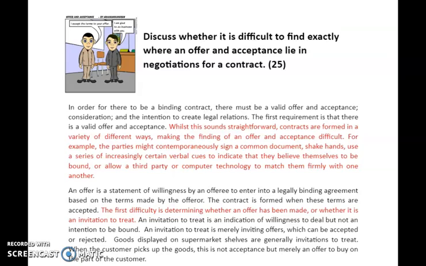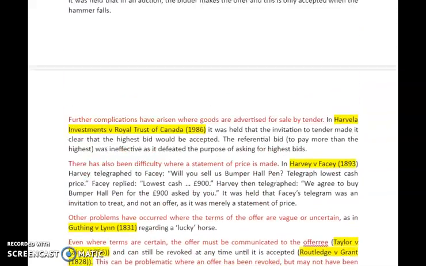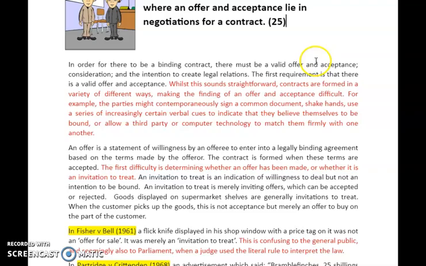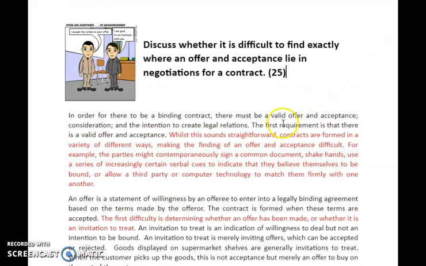It can be quite useful when you're revising to colour code or highlight your essays in different colours like I've done here, because you can see at a glance, hopefully, there's a balance. What you'll typically see in this essay is some facts, some evaluation, some facts, some evaluation. By doing that, hopefully you're maximising your chances of getting high marks.